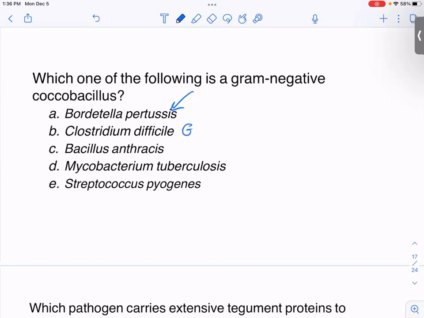C. diff, remember that's a gram-positive rod, as is Bacillus anthracis. Mycobacterium, we're not going to call it gram-positive or gram-negative. We're going to call it an acid-fast rod-shaped organism. Strep pyogenes, gram-positive cocci. Okay, if you're in lab, hopefully you remember that.